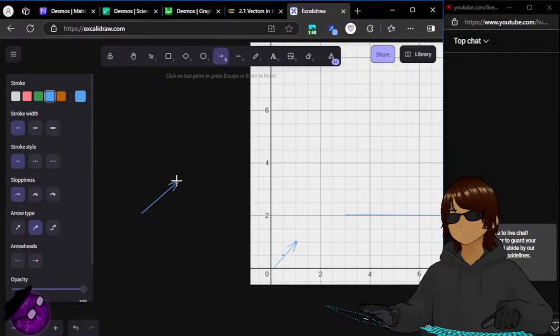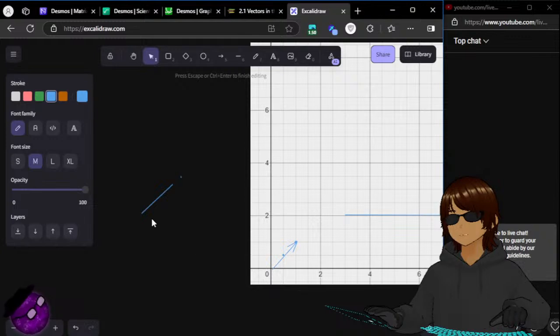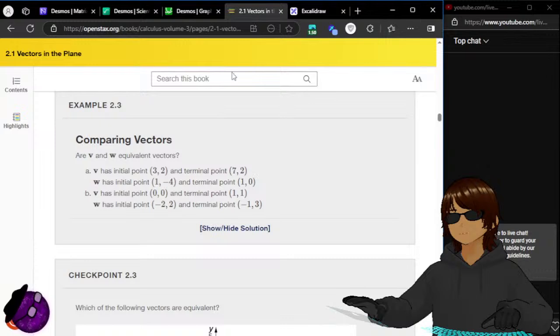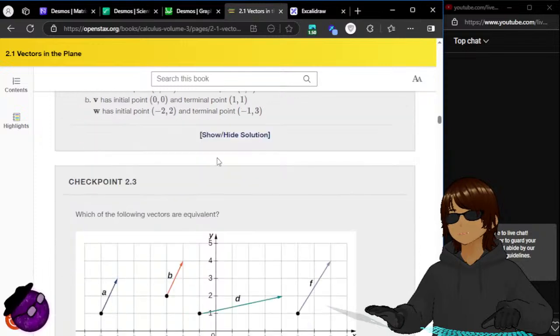Oh, yeah, I think it's the same, because the difference in x for both of them would be 1. The difference in y would be 1. Yeah, so the direction and magnitude would be the same.